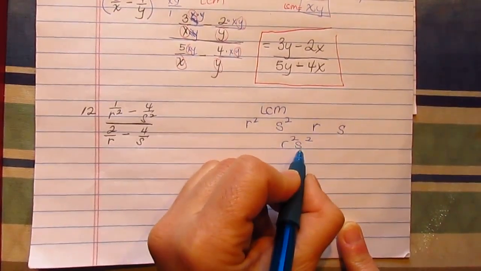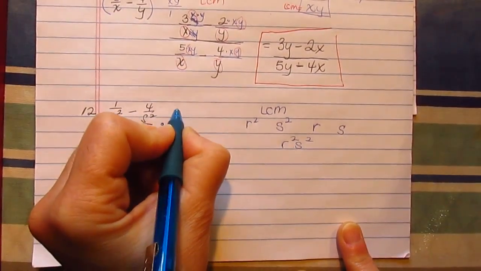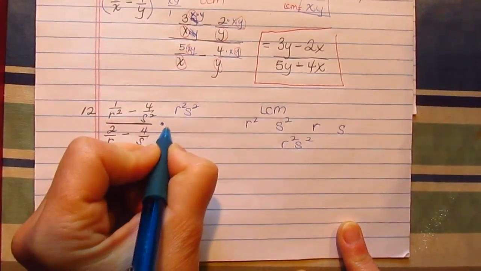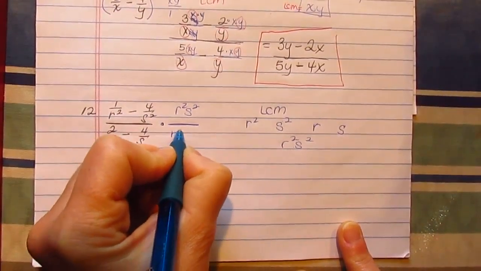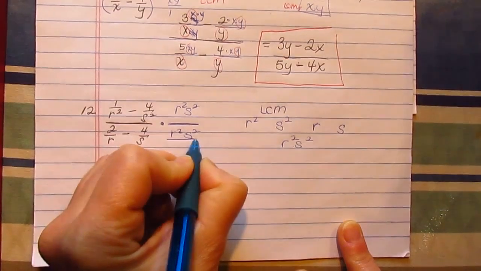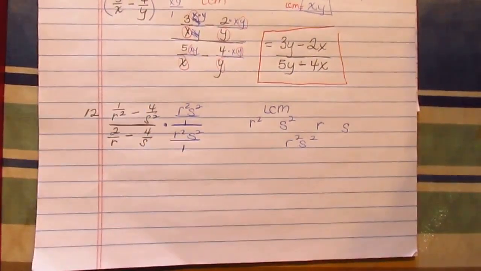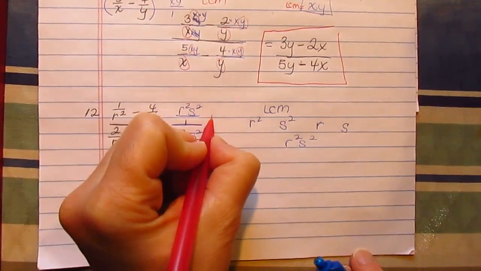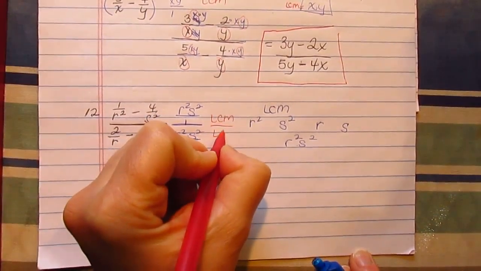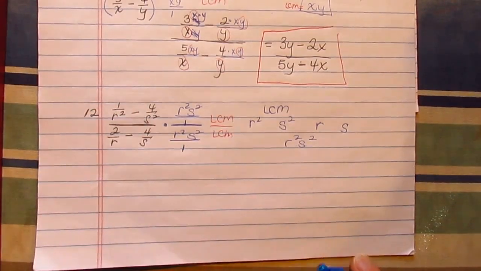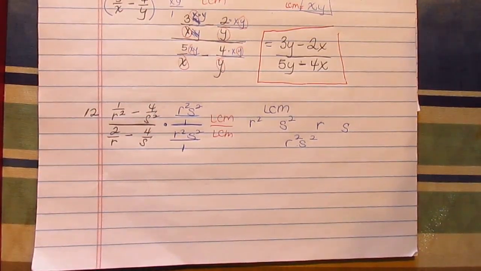So when I multiply by r squared s squared over r squared s squared, which is the least common multiple over the least common multiple, the only thing I can do in an expression is multiply by 1.